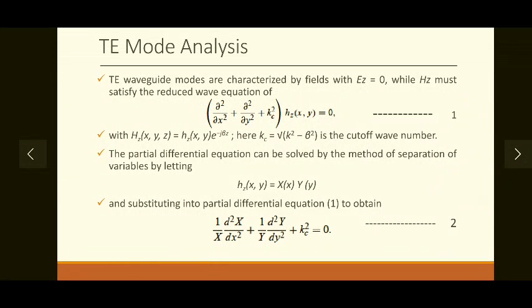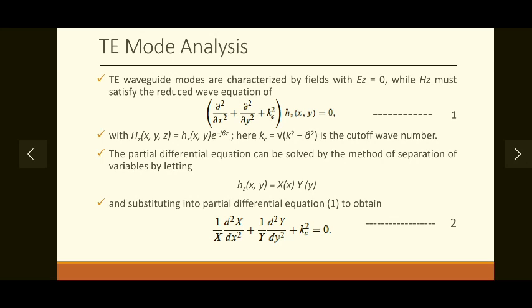So let's begin with the analysis of TE mode for rectangular waveguide. TE waveguide modes are characterized by fields with Ez equal to 0. If you understood what modes are, you might have noticed the only difference is that Ez is equal to 0 for TE modes, but Hz is not equal to 0, and it should satisfy the Helmholtz wave equation.